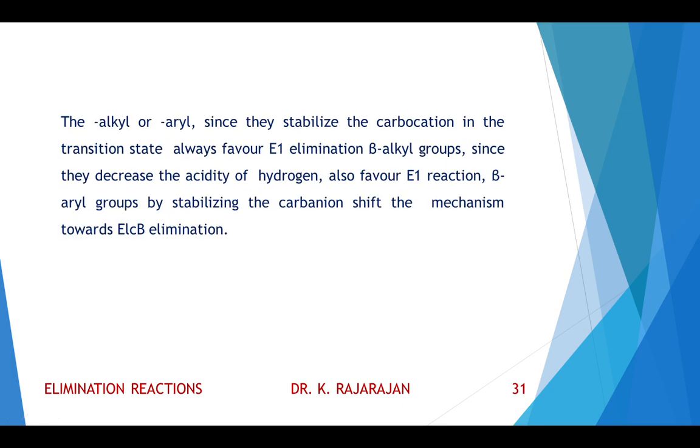Alkyl or aryl groups, since they stabilize the carbocation in the transition state, always favor E1 elimination. Beta alkyl groups, since they decrease the acidity of hydrogen, also favor E1 reaction. Beta aryl groups, by stabilizing the carbanion, shift the mechanism towards E1CB.